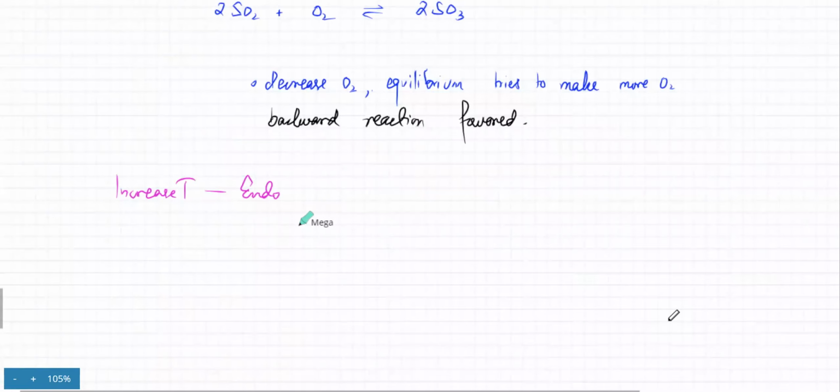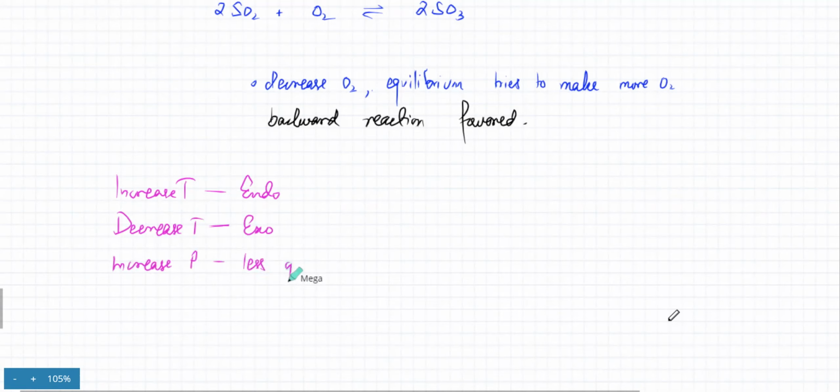Which one is faster relatively compared to the other one? Decreased temperature, it's the exothermic reaction that's going to be favored. If you increase pressure, then the side with fewer gas moles is favored, or less gas would be formed. If you decrease pressure, it's going to do the opposite. More gas is formed.